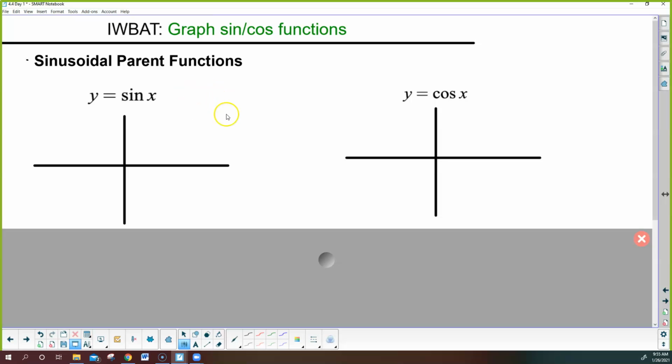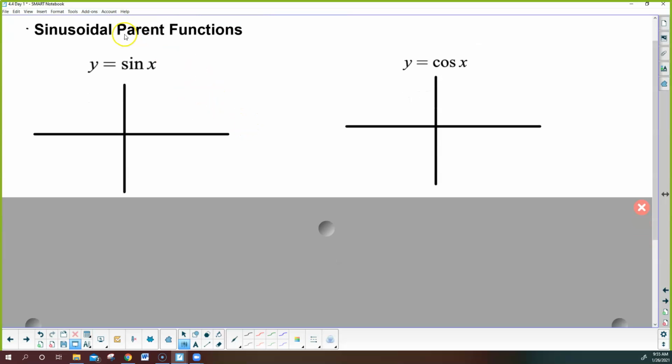So, here's how I'm going to have you graph sine and cosine functions today. We're going to start with the parent function. So, label your graph, draw a chart like this, and we want to make 1, 2, 3, 4 marks, just like we talked about in the warm-up. And that fourth mark is always the period 2 pi.